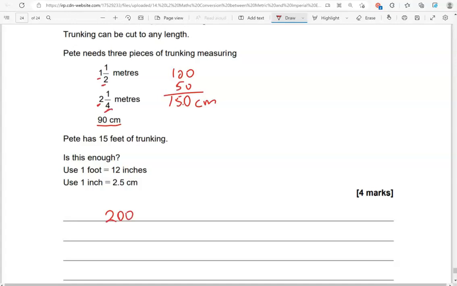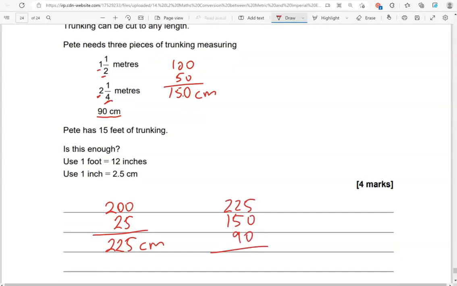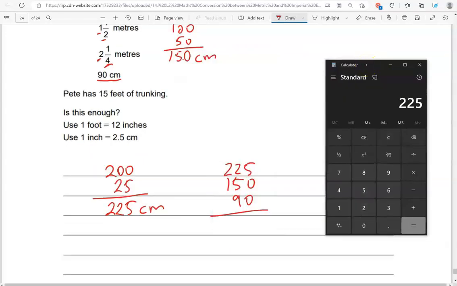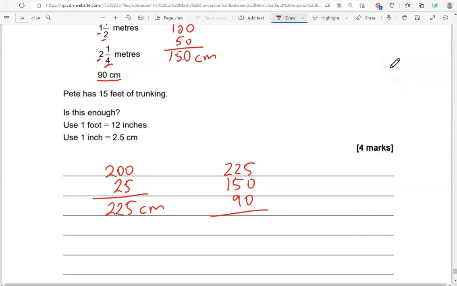A quarter is 25. So 225 centimeters. So if I add 225 and 150 and 90, that's 465 centimeters. So we've got the total length needed in centimeters.